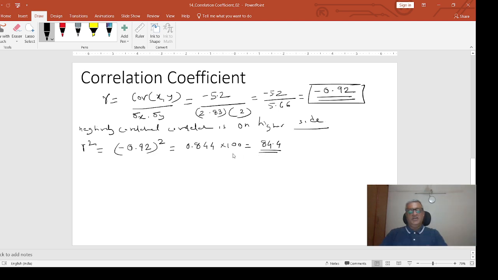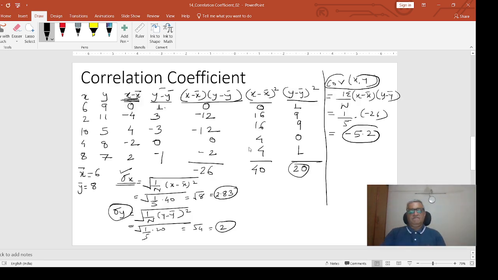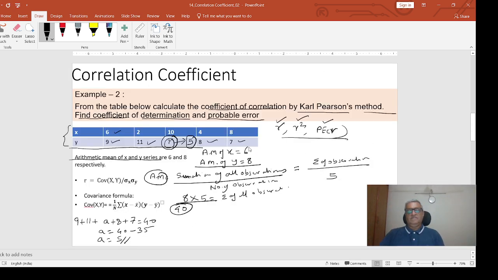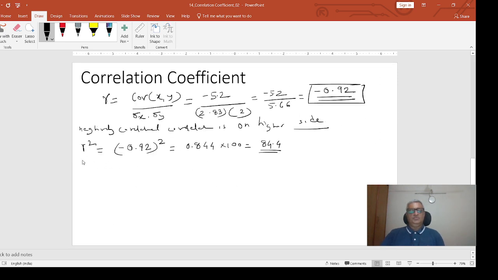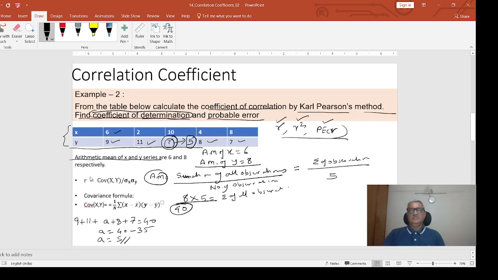So my coefficient of determination is equal to 84.4%. So let's see what is asked.